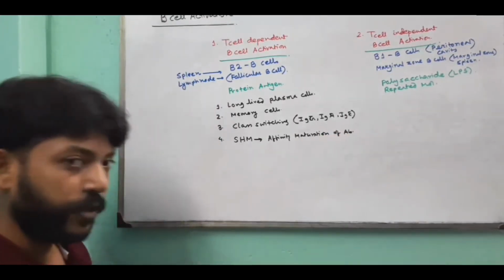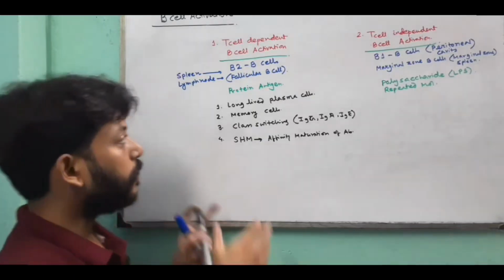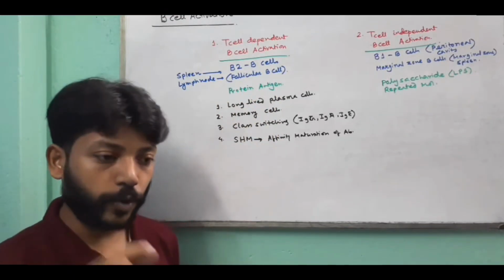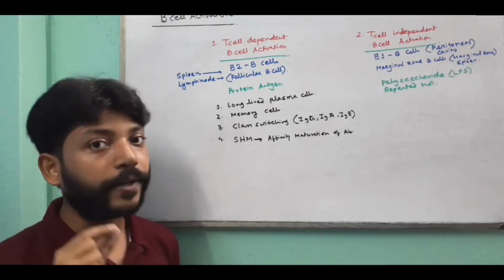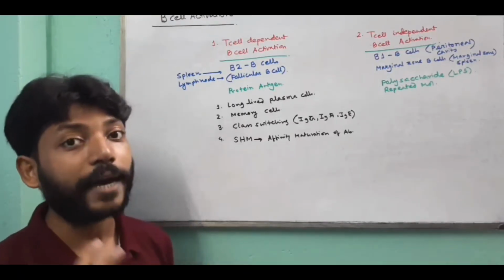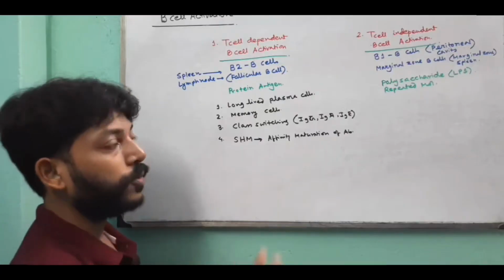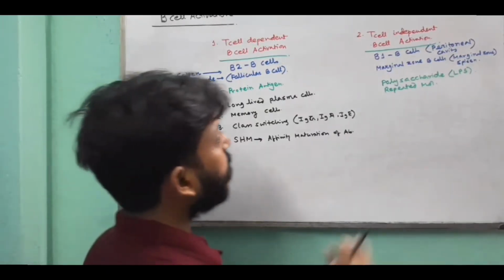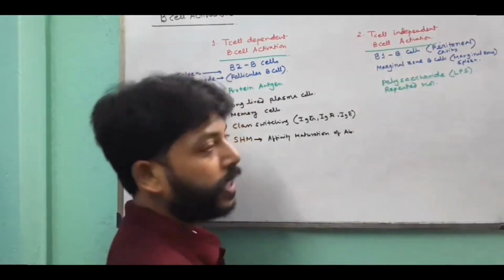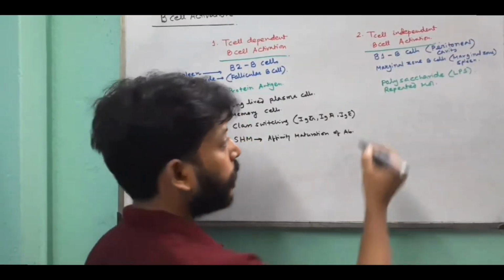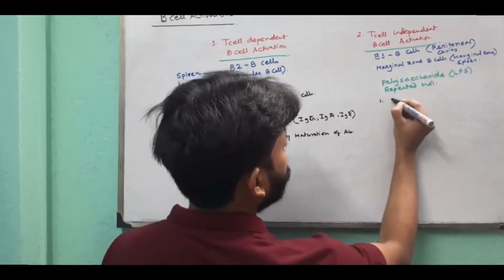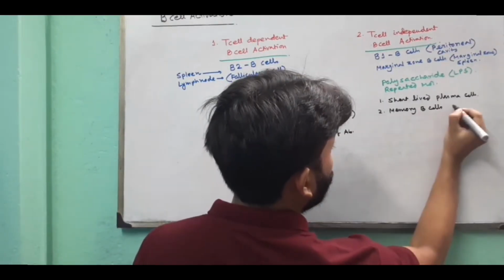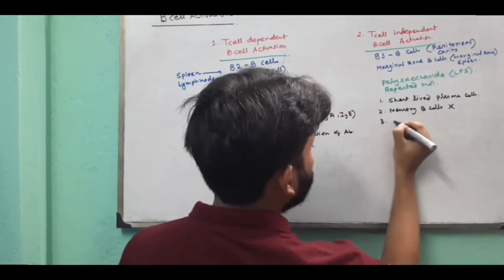What is affinity maturation? When B2 B cells are activated with the help of T cells, they produce antibody that can recognize the antigen with high affinity. So affinity maturation means the antibody can bind the antigen with high affinity. But if there is no T cell help, the cell becomes a short-lived plasma cell and does not produce memory B cells.